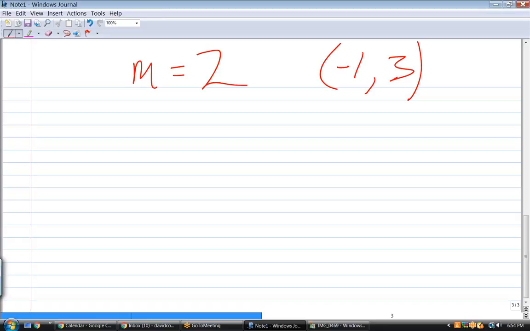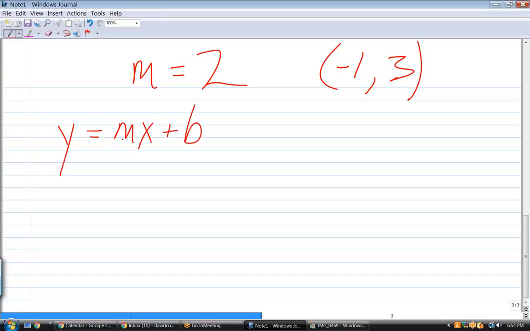There's two formats for the equation of a line. There are slope-intercept and there's point-slope. Do you know both of them? Which one are you most familiar with? Probably slope-intercept. Let's use it then. I'm convinced that if you use the one you're most familiar with, you're going to be better off.